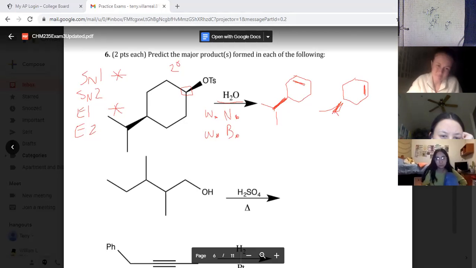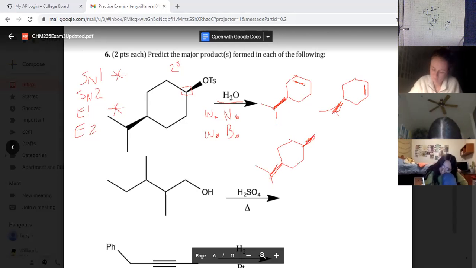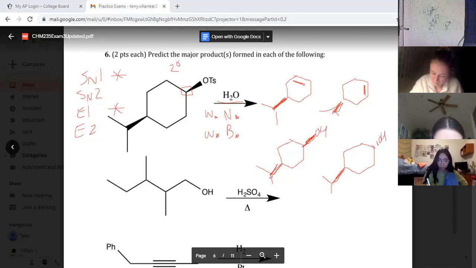You can have the SN1 product, not SN2, like this. Or you can have the other SN1 product, like this, where it's all dashes. So technically in this one, you get 4 products.